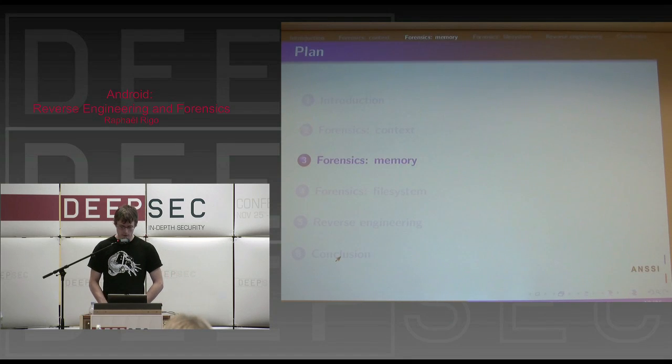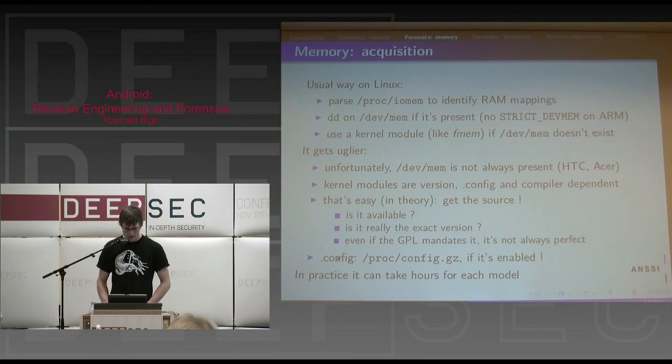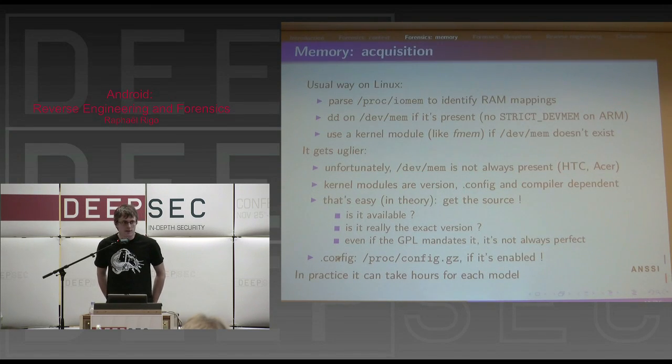So concerning memory, the usual way to acquire physical memory on Linux is to get the RAM mapping from /proc/iomem, then just copy the memory using dd from /dev/mem. On x86 it's not really present anymore, because of strict devmem. But on ARM there is no strict devmem, so if there is /dev/mem, you have no problem.